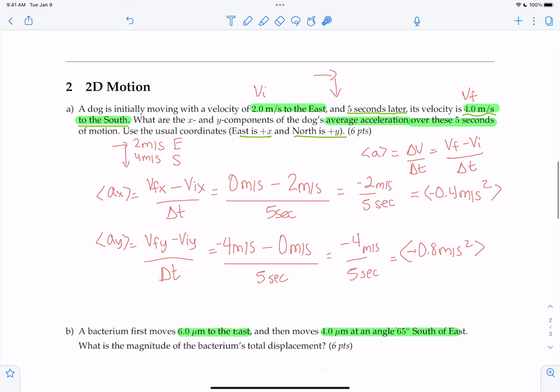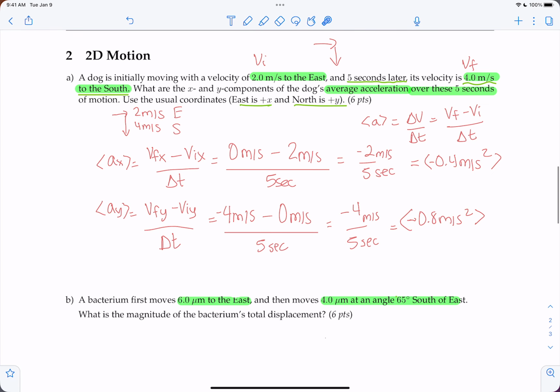That's why, if my velocity here is 4 meters per second in the south direction, it's negative 4 meters per second. My velocity is negative and my acceleration is negative as well. So it's like I'm moving with negative velocity, and then this other person comes pushing me in that same direction, so I'm speeding up.